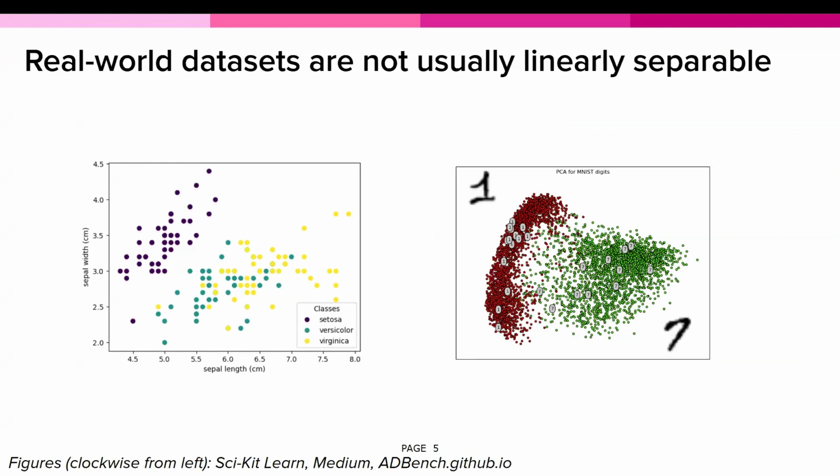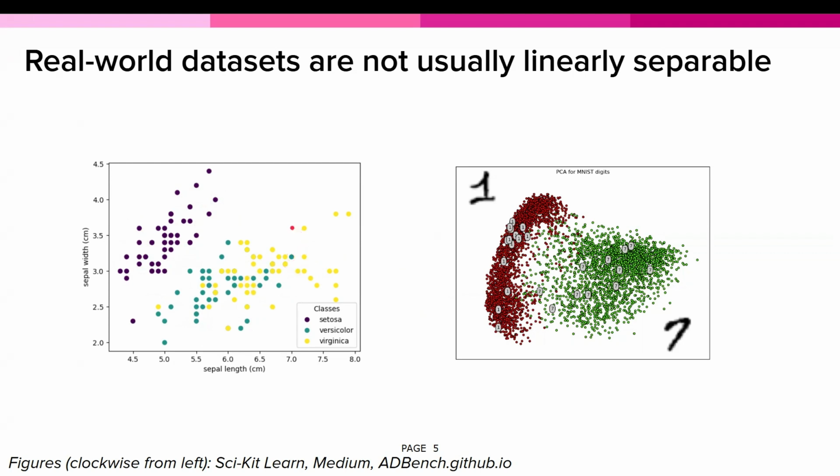And in the first assignment of this course, you were working with the iris data set, for which the Setosa class in the purple here in the upper left was linearly separable from the other two classes, Versicolor and Virginica. But Virginica and Versicolor have significant overlap. You can see that they're intermingled with one another.